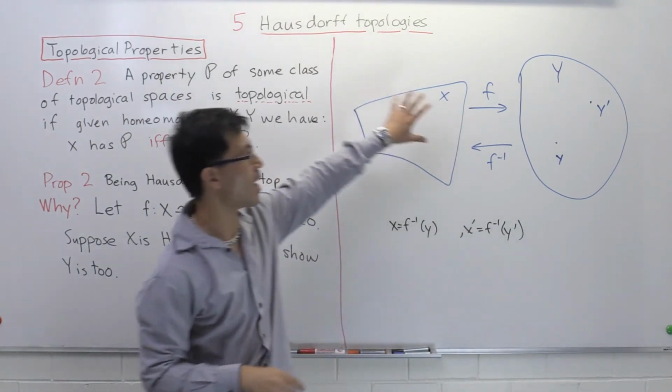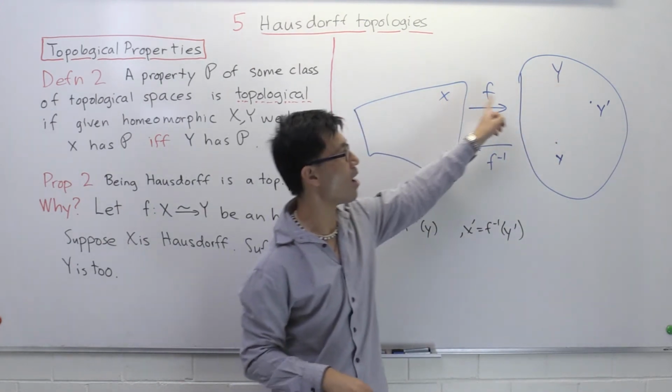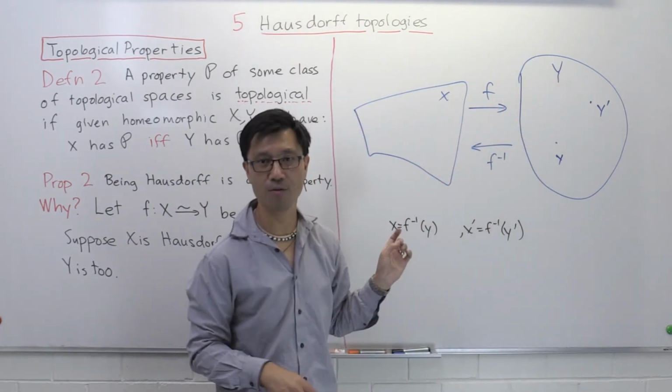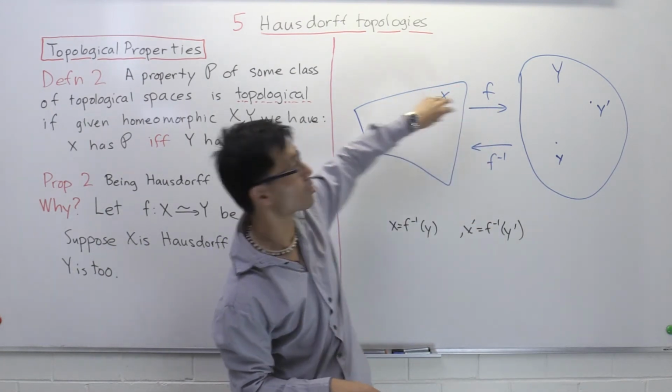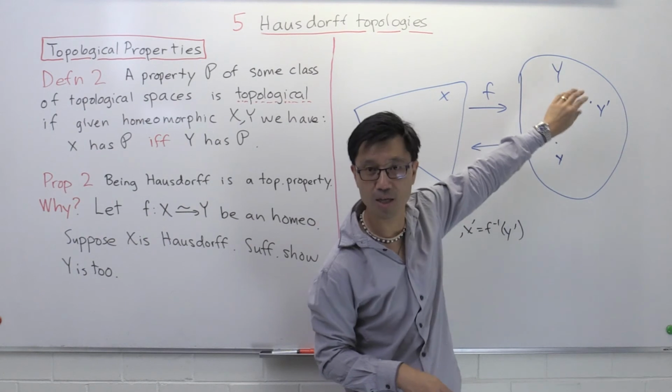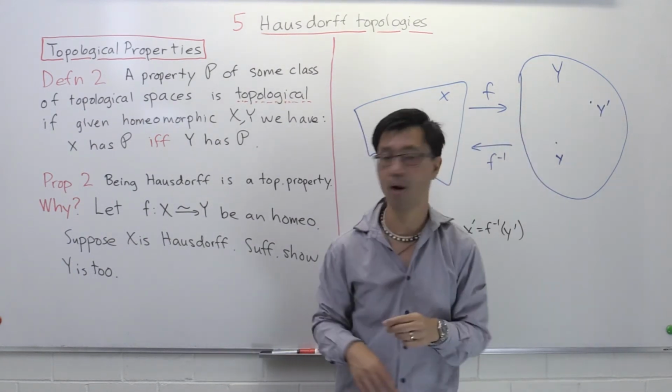So we've got some space X here and some space Y here. You've got some homeomorphism f, and there's also an f inverse. What we want to show is that assuming X is Hausdorff, Y is also Hausdorff. So let's check the Hausdorff condition here. We've got two separate points, Y and Y prime.